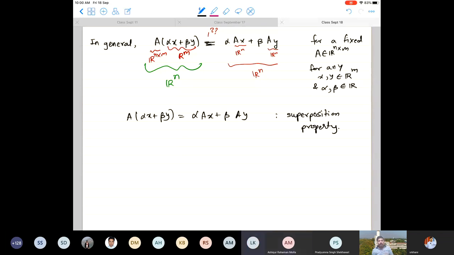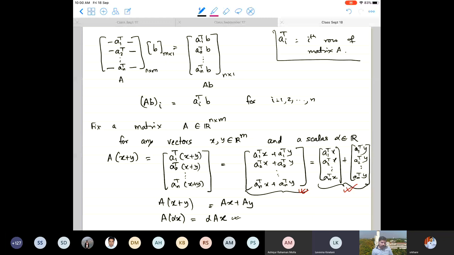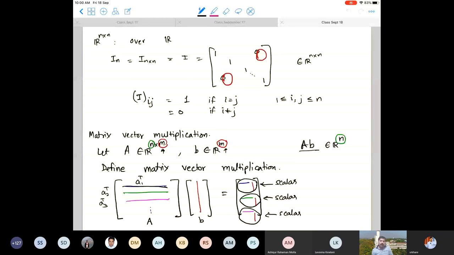Sir, I really didn't understand how the matrix multiplication, that is A in R^(n×m) times a vector in R^m, gave you R^n. Is it because of this formula, A transpose x? No, I define matrix vector multiplication in this way.